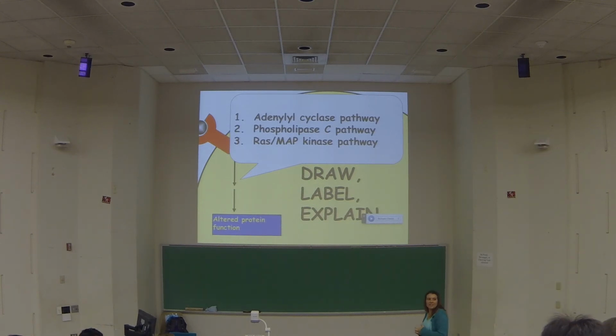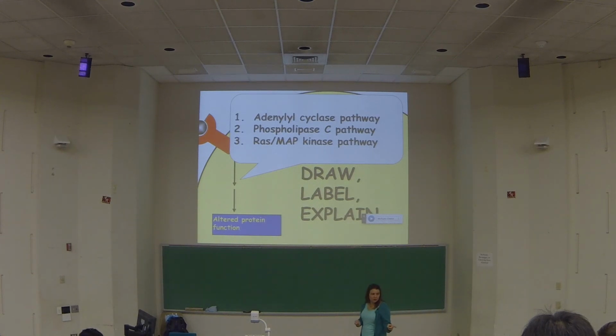So the question is about why the RAS-MAP pathway is enzyme linked and not a heterotrimeric G protein pathway.